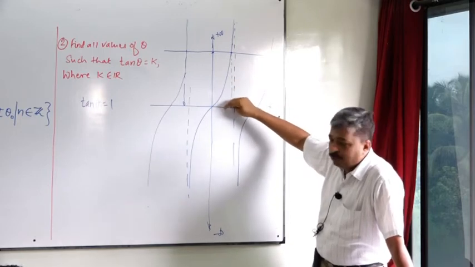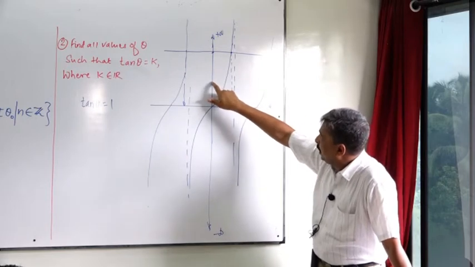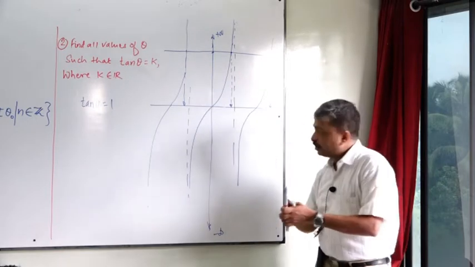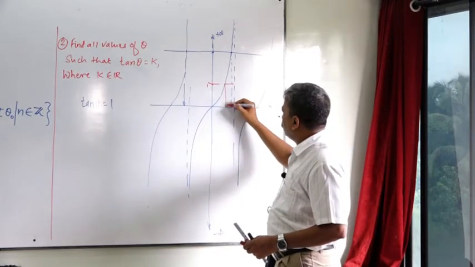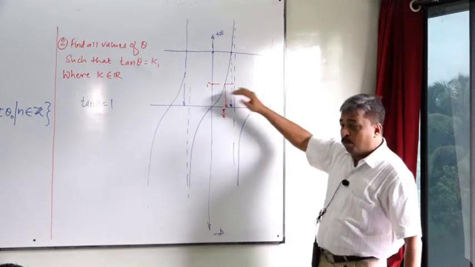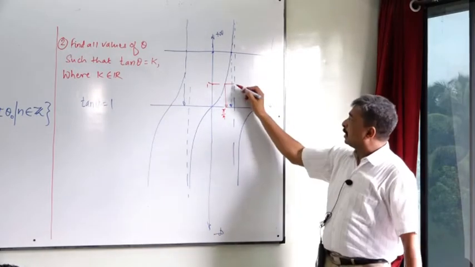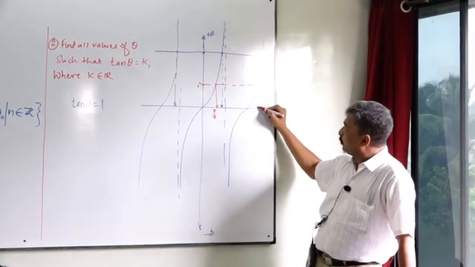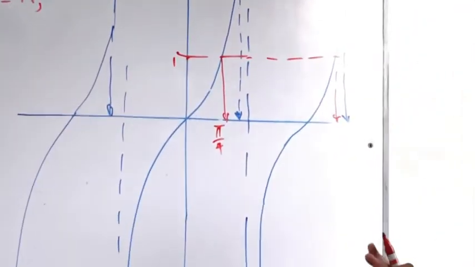This value is going to be 1. If I take one point over here, draw a horizontal line, suppose this is my 1, draw a horizontal line, go down, this is my pi by 4. Will a few more values also give me tan theta equal to 1? Yes, take another graph, the next cycle, third, fourth, there are infinitely many cycles like this everywhere.